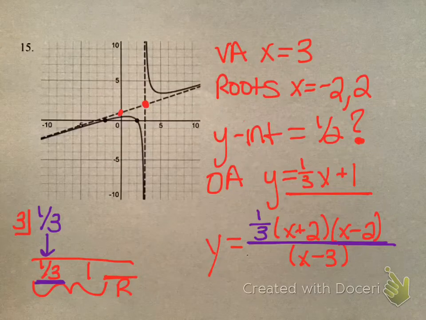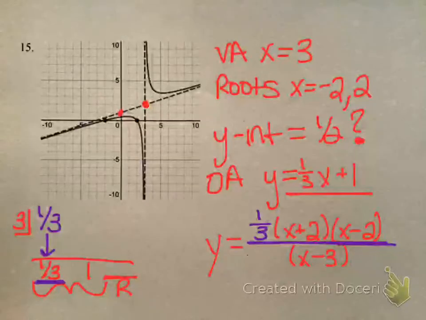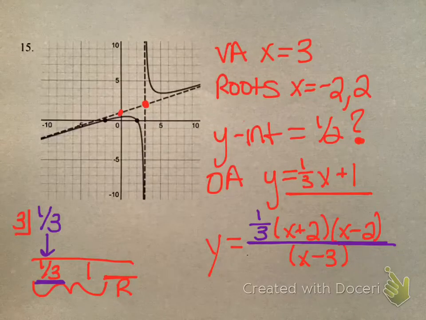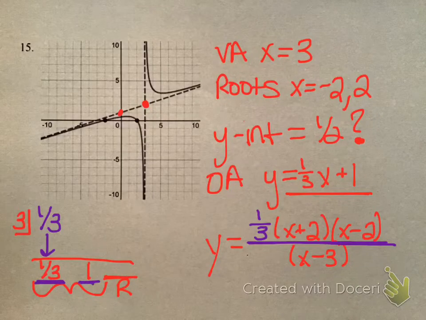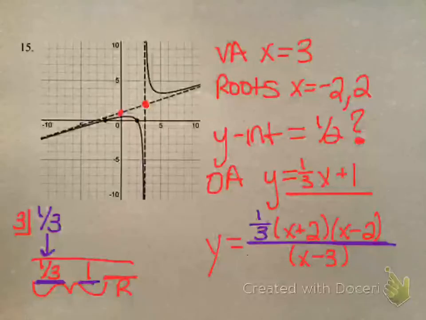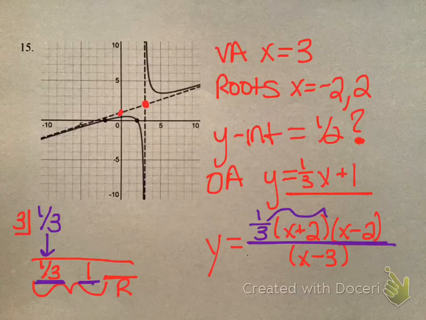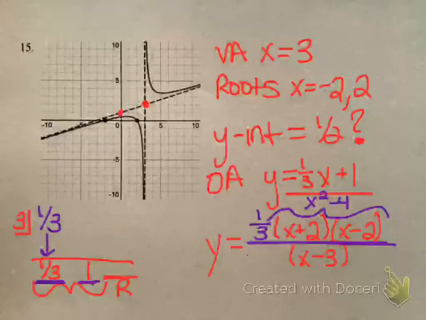Okay? And then the only other thing I would need to check, and you always want to check it, though it almost always works out, is that you get the correct number right here if you did that. So this quadratic right here, I don't have it multiplied out, but if I did, it would have been x squared minus 4.